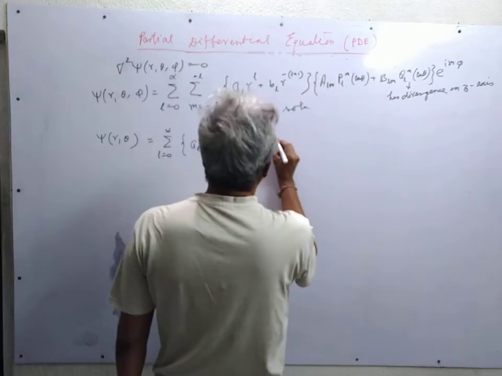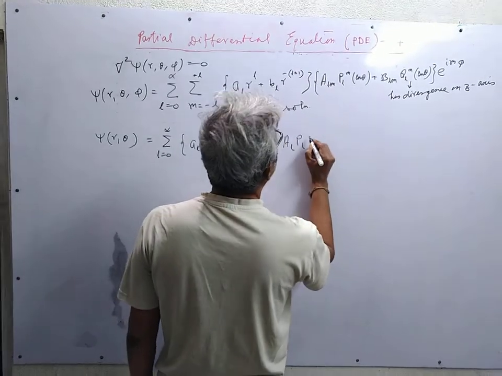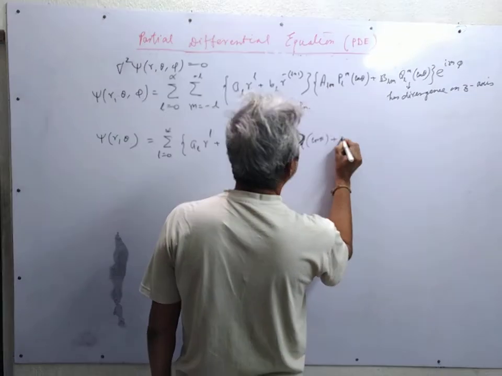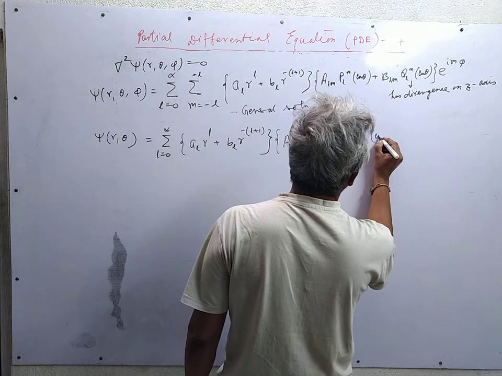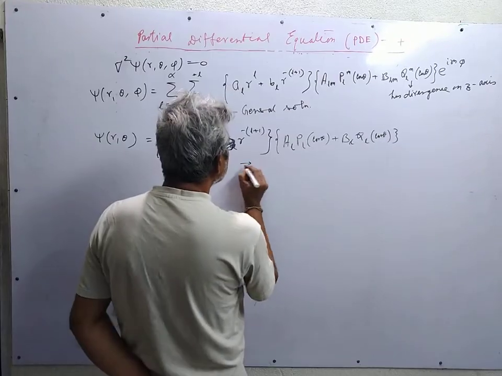In that case this is the simple Legendre polynomial. This is for azimuthal symmetry.